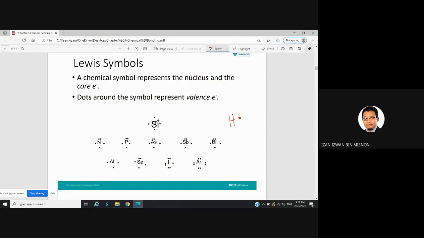Another example, silicon, has 4 electrons at the valence shell. Same goes for carbon, which also has 4 electrons at the valence shell. This is how we represent the Lewis symbol. Other than that, let's say sodium. Sodium has 1 electron at the valence shell.